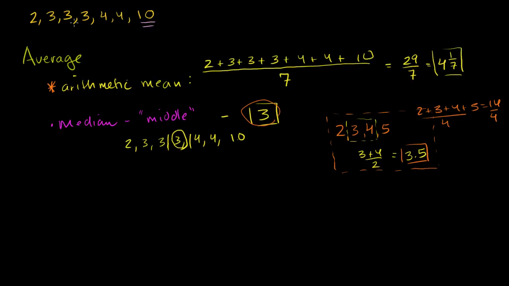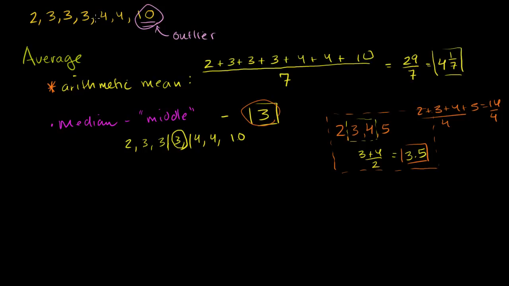All of these other numbers are pretty close to whichever average you want to pick, whether it's the arithmetic mean or the median. But this 10 is kind of an outlier, or it skews the data set. Maybe it's so much larger than the other numbers that it makes the arithmetic mean seem larger than is representative of this data set.